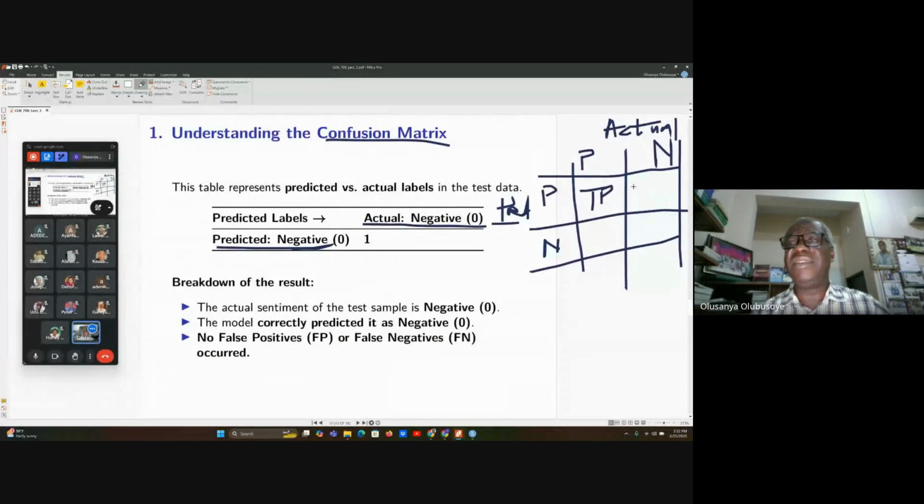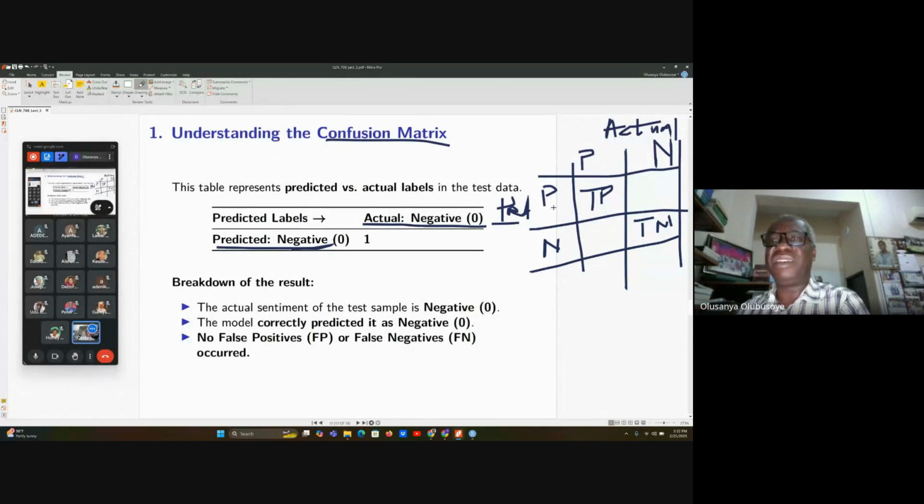Here is the one you predicted to be negative and they are actually negative. Again, this is your true negatives. So any value here will be true positive, and any value here will be true negative.